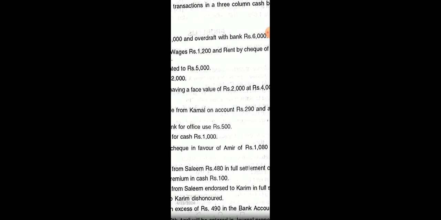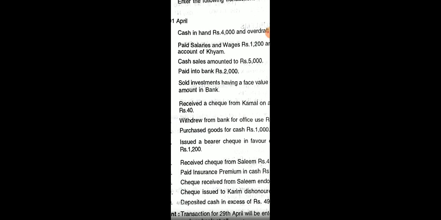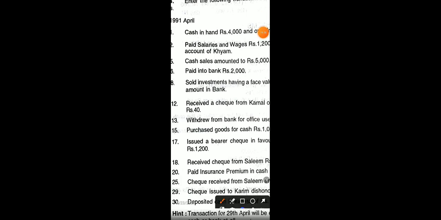Sold investment having face value 2,000 at rupees 4,000 and deposited the amount into the bank. What you will have to observe is you have sold your investment. One thing first, you are losing your investment. Investment is going out where you have sold it.